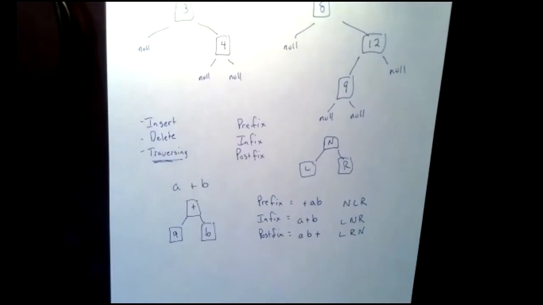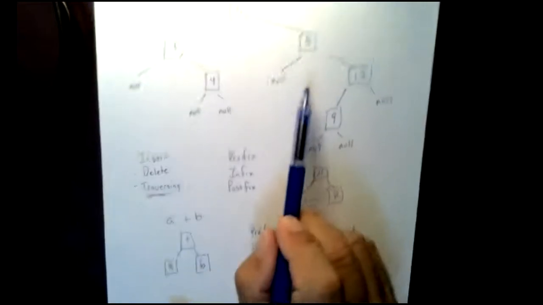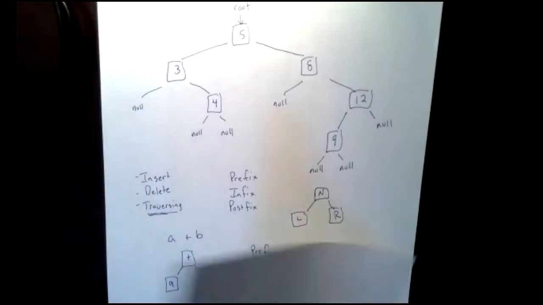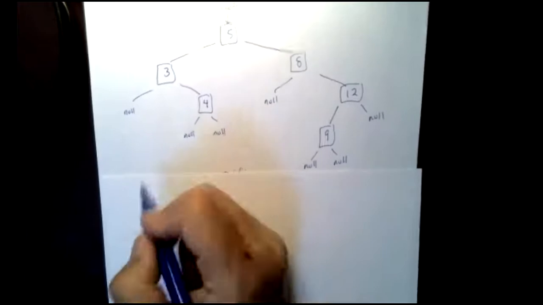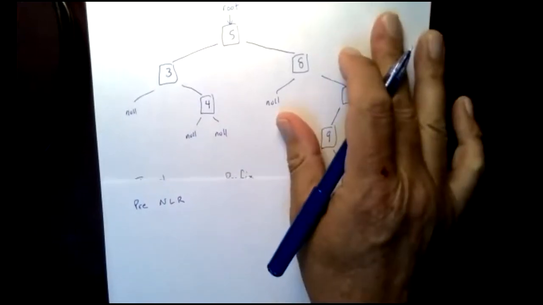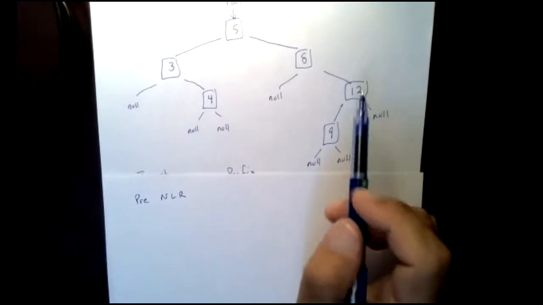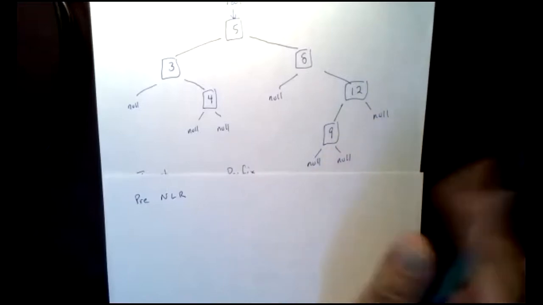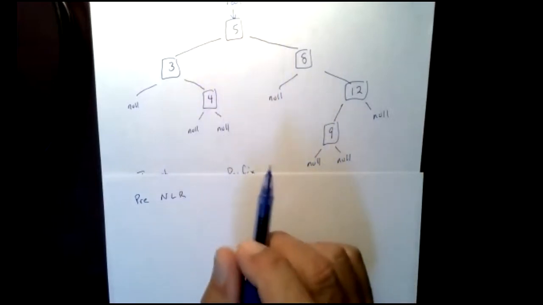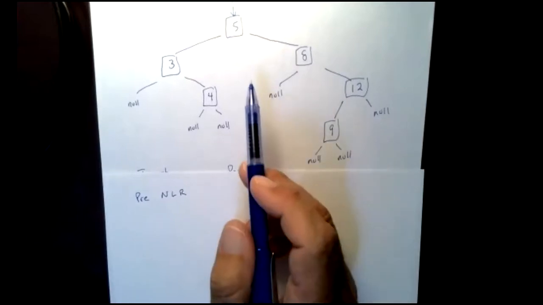All righty, good. So if I took a look at this tree up above and I said, can that be written in prefix? Again, prefix was the node first, then the left, and then the right. So if I want to write this in prefix order, this is one of the three ways that we can traverse through this binary tree to take a look at everything that's in it. So I'm going to go node.